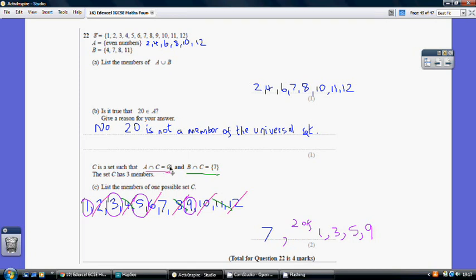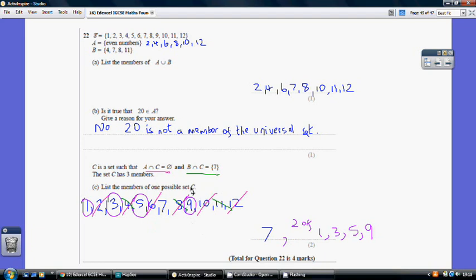So there are no numbers that are in both A and C. So we're trying to find the numbers in C, and we're being told that none of them are in A. So straight away we can eliminate all the numbers that are in A. So that's why, with these pink lines, I've crossed off the possibility of 2, 4, 6, 8, 10 and 12. So they're gone. Okay.